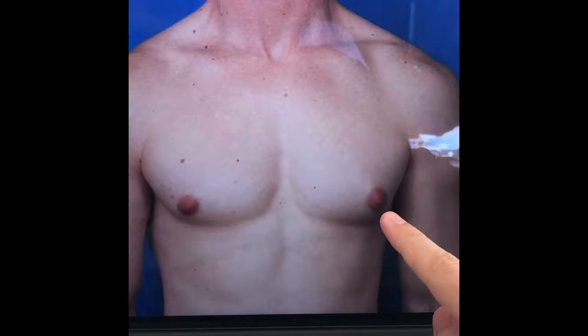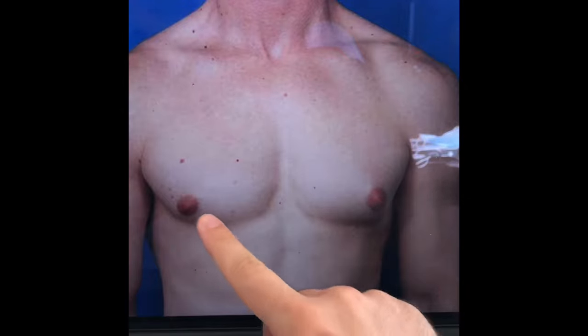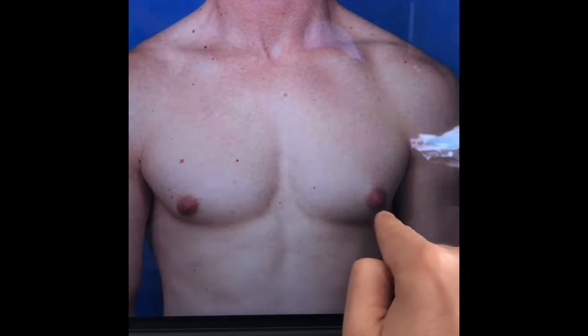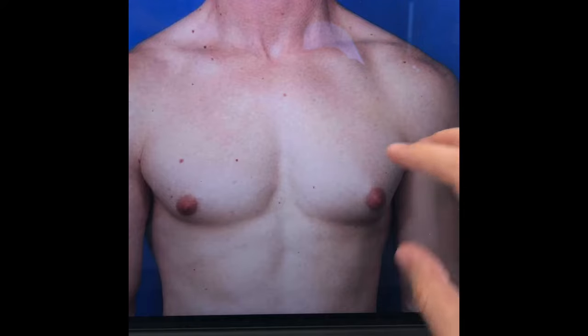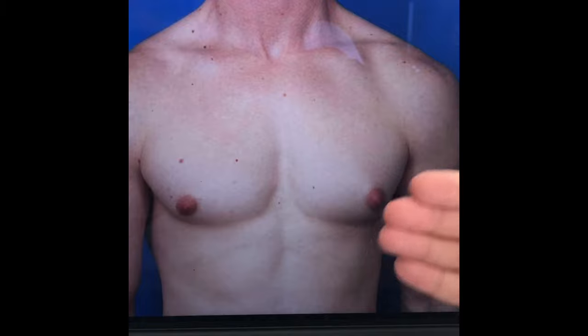This patient has only gland. If you see here, these are the areolas with the nipples, and they are just puffy. The gland is just underneath the areola, which pushes out the areola.